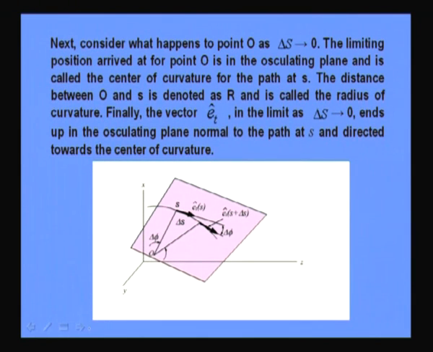Let us consider what happens to point O as delta S tends to 0. The limiting position arrived at for point O is in the osculating plane and is called the center of curvature for the path at S. This is by definition.